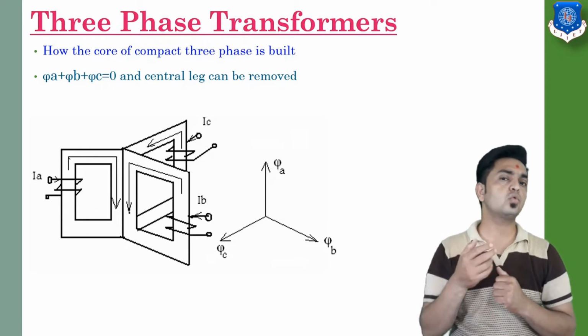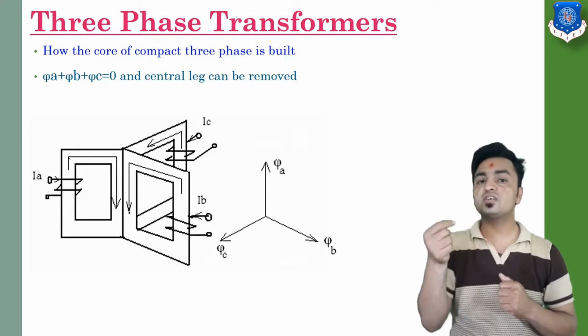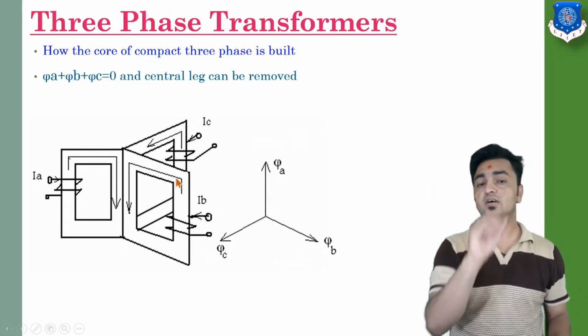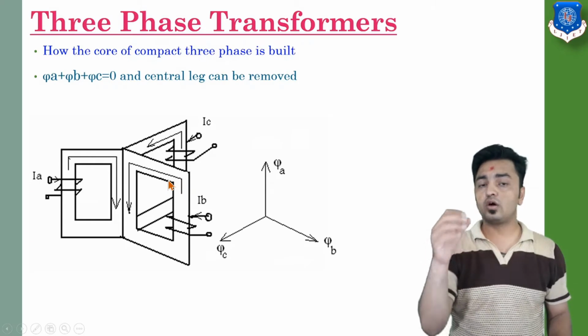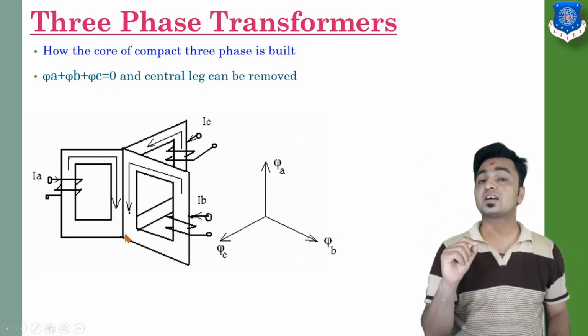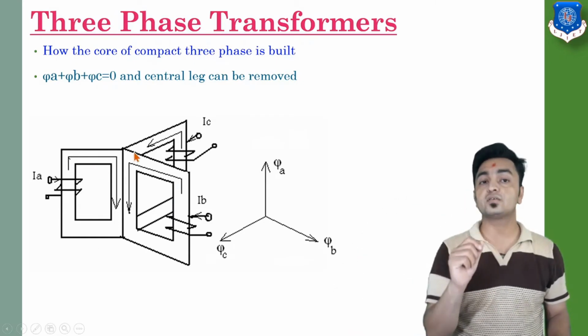What we have done here is combine one individual section of each of the three banks at one common place. In this diagram, you can consider this one section as one phase.